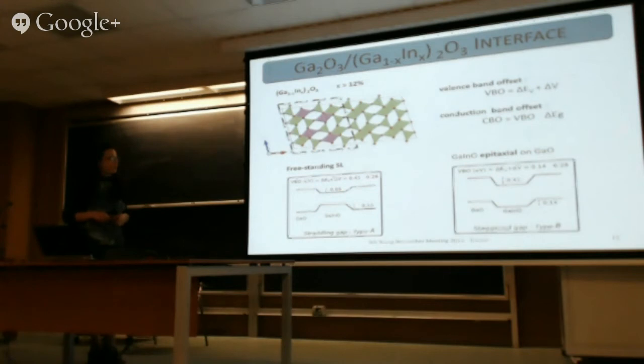But this is the case in which the gallium indium oxide is epitaxial with the gallium oxide, so it means that the lattice parameter is the same as the gallium oxide.